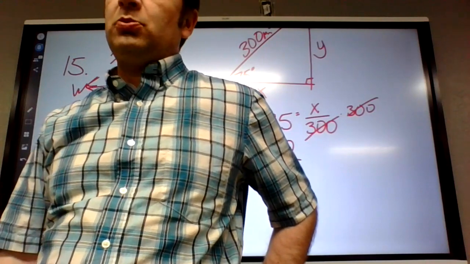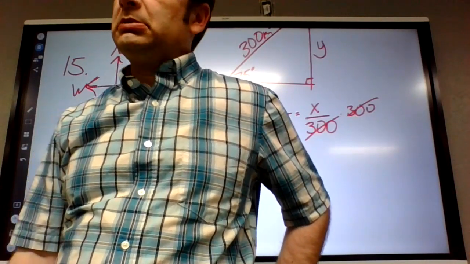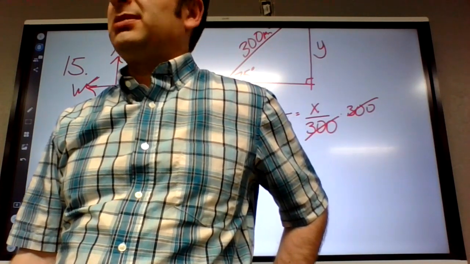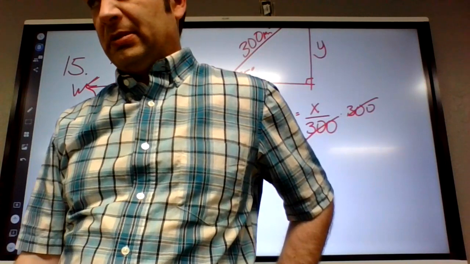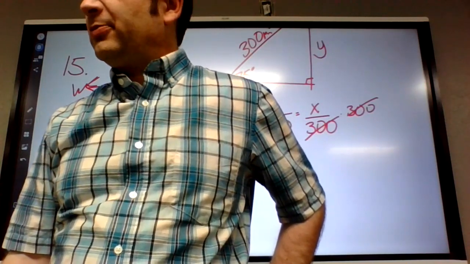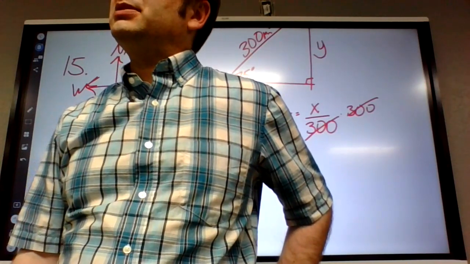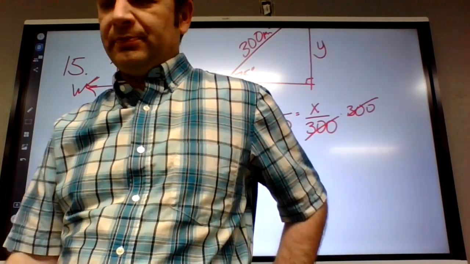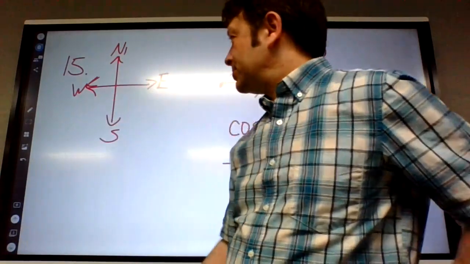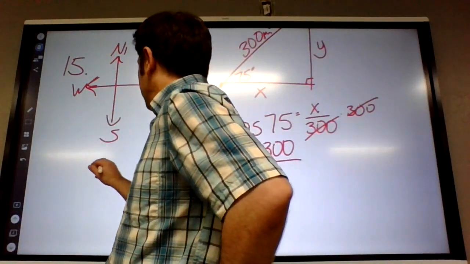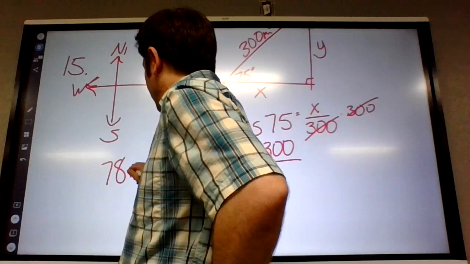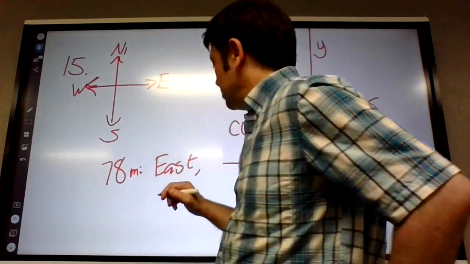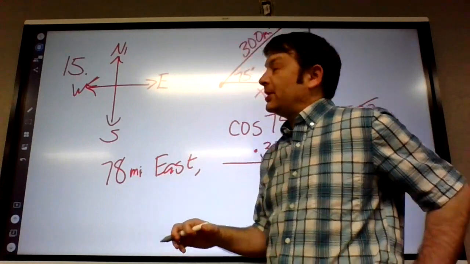I got 75 square root of 6 minus 75 square root of 2. I'm going to have to make it a decimal. Yeah, the button will give you a decimal. Why would it give you a square root answer? Okay, just hit your SD button. That's 77.6. So that rounds to 78. So they went about 78 miles east. I have no idea why the calculator spelled that out. That was a weird answer.